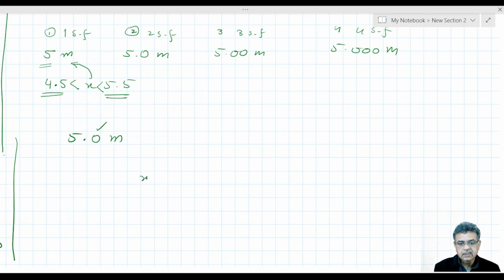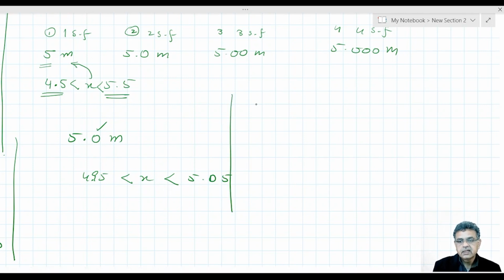So now you can say that the value is between 4.95 meters and 5.05 meters, 5 centimeters less and 5 centimeters more than that. So it is rounded off correct to 10 centimeters.